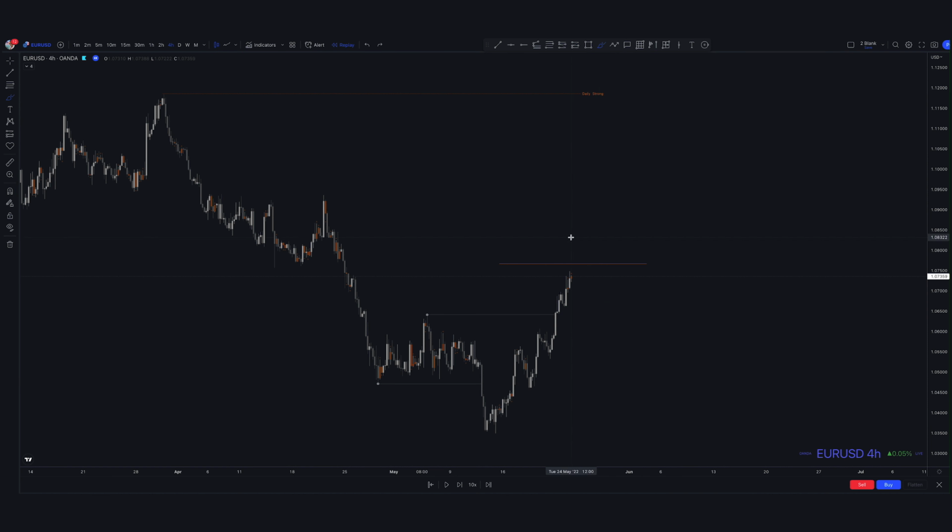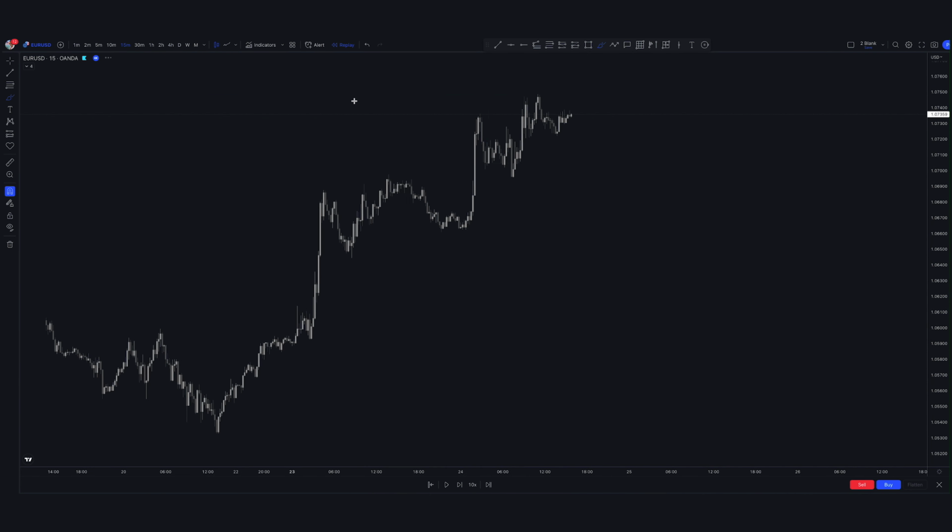So price could just stop here to continue the move down, and this switch in the swing price action was just to help price pull back on the daily. So let's see what's happening on the 15.